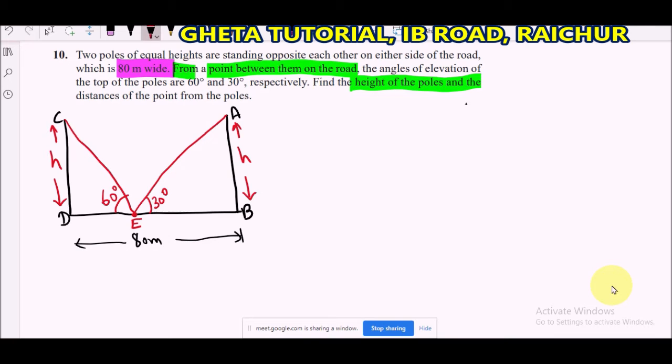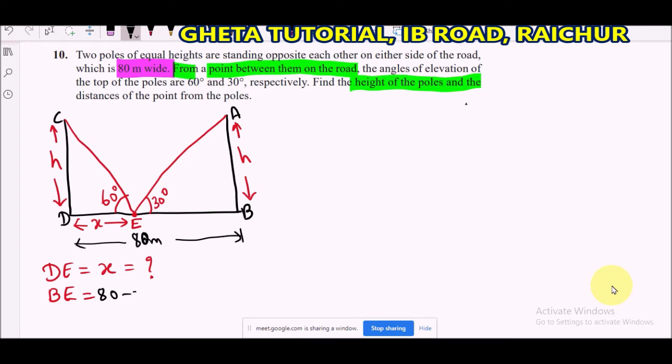The distance of the point from the poles means DE, as well as BE. So DE I consider as x here. So can you say what is BE? 80 minus x, correct.